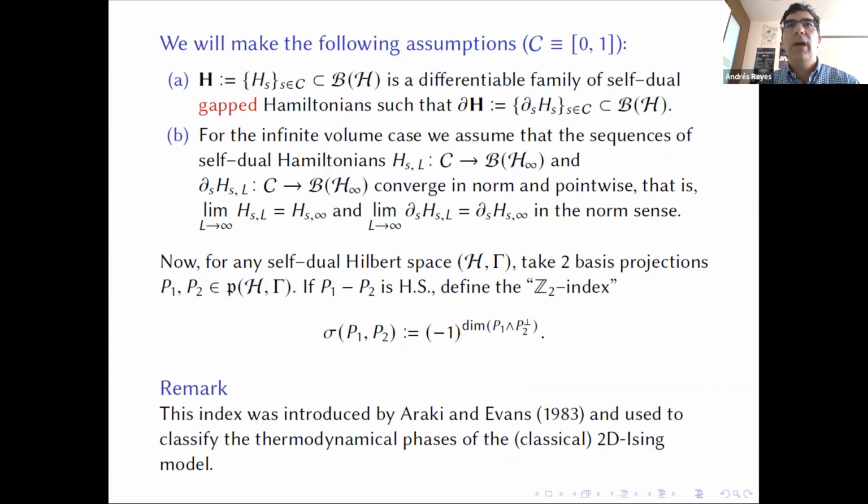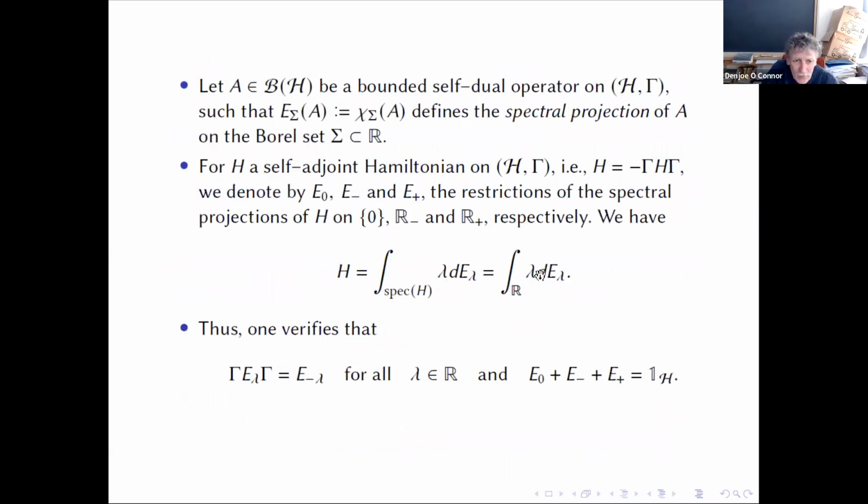So here, okay. Andrés, isn't it quite restrictive to insist that it's self-dual? Well, that H is equal to minus gamma H gamma. Yes, it would seem like that, but the class of Hamiltonians I am working with, you can think of BCS-like Hamiltonians, so quadratic Hamiltonians in the fields. So they are fairly general.